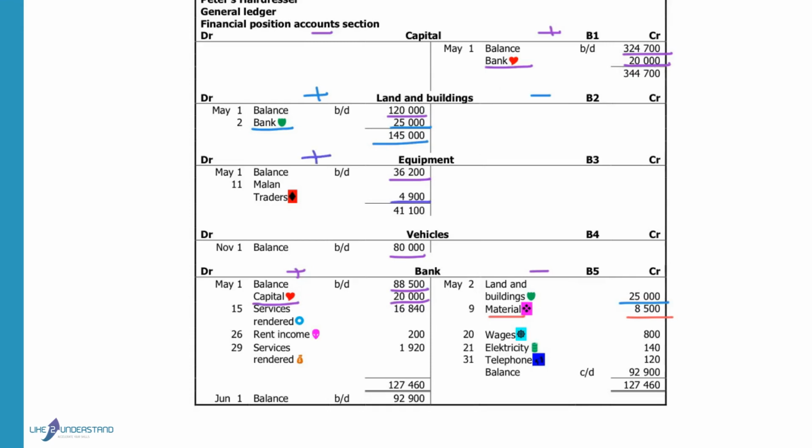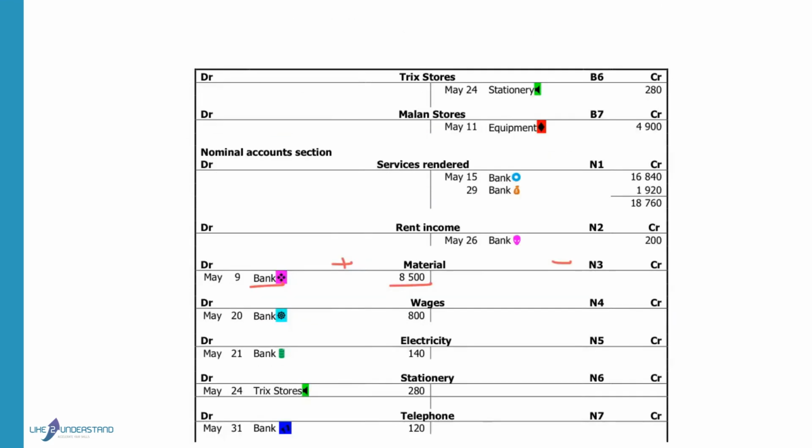Equipment is an asset that increases on the debit side and decreases on the credit side. We bought the equipment on credit, so Milan Traders will be credited. Milan Traders is a creditor, therefore a liability. Liabilities increase on the credit side and decrease on the debit side. We owe more money to Milan Traders, so the liability must increase on the credit side, and equipment was debited.